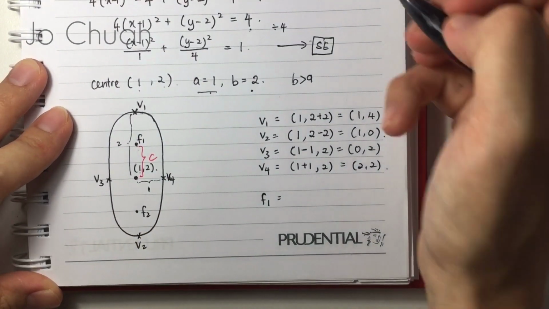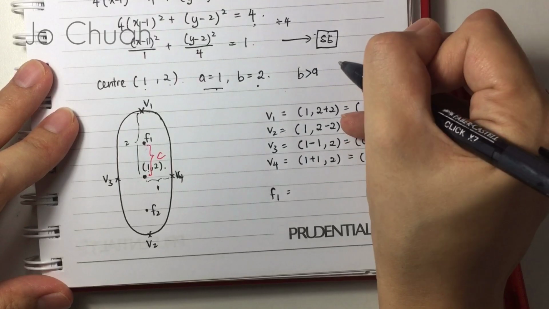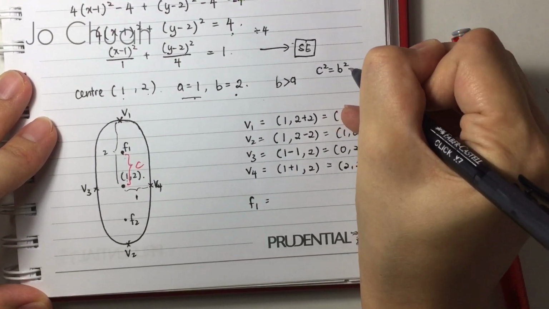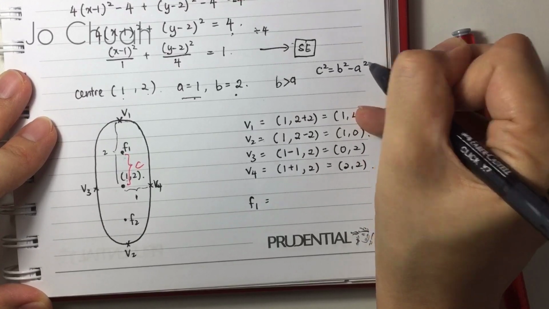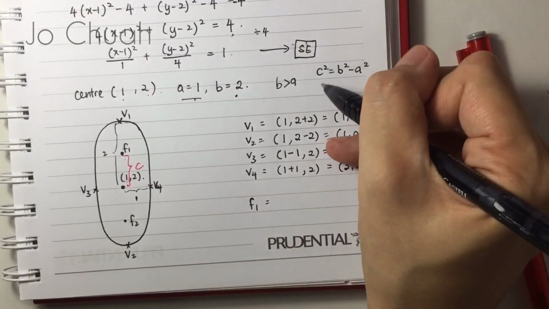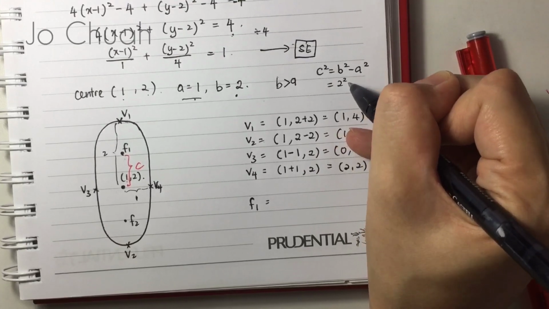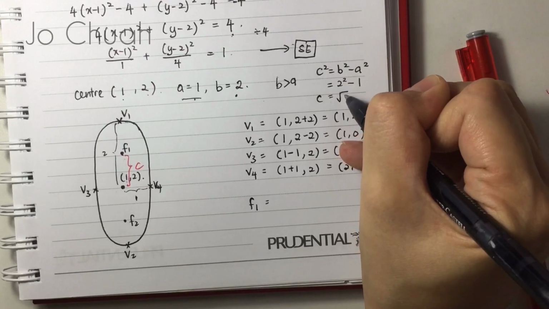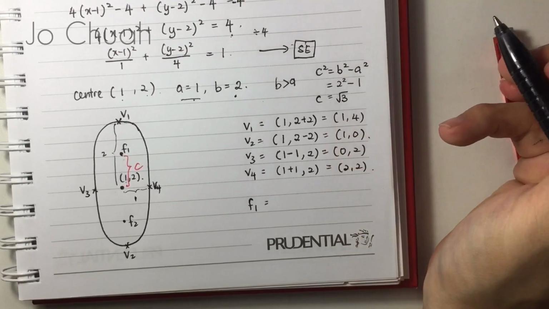Okay, so I'm just going to write it here. C squared is actually equal to B squared minus A squared because B is bigger. So C squared is actually 2 squared minus 1. So C is square root of 3. Okay.